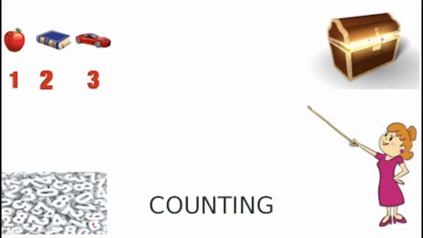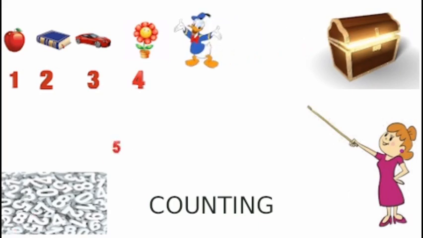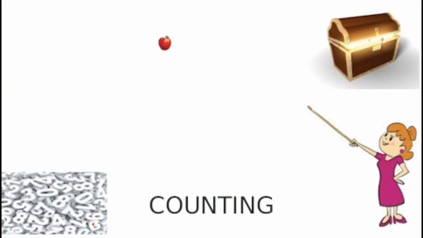Okay, so this way, say if we have another object, we use the next number, that is 4. So there are 4 objects, right? Suppose we have another object now, so we will use another number, that is 5. Okay, so that way the counting process goes on.